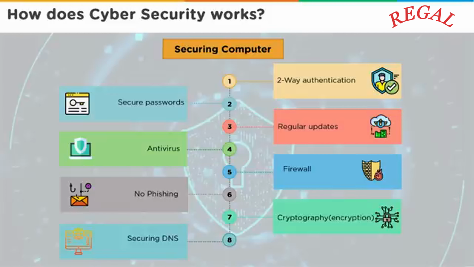And then securing DNS servers. DNS is the domain name system, which is basically an index that maps your domain names to your IP addresses. Now on the internet, computers do not know domain names. They can only identify IP addresses and MAC addresses. So when we type in, let's say, google.com on our browser, the computer doesn't know what google.com is.